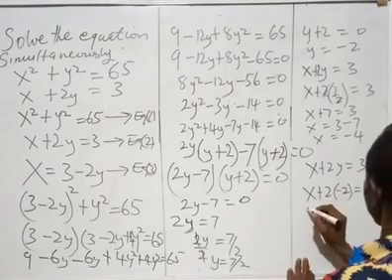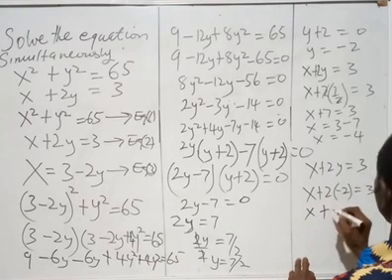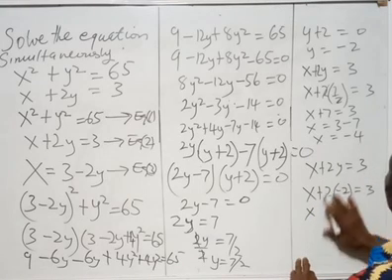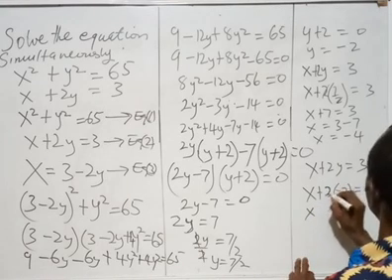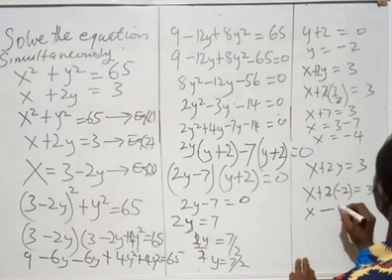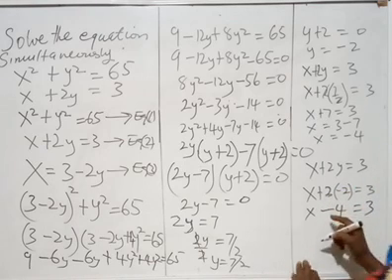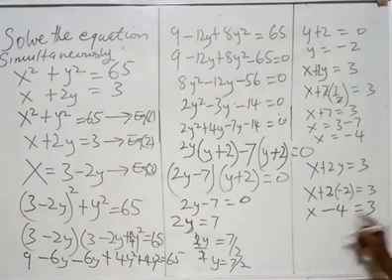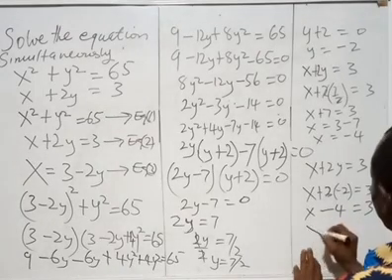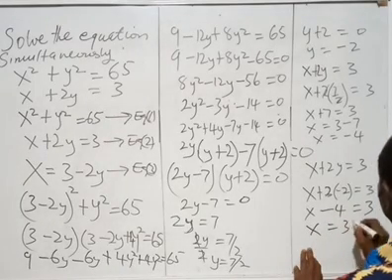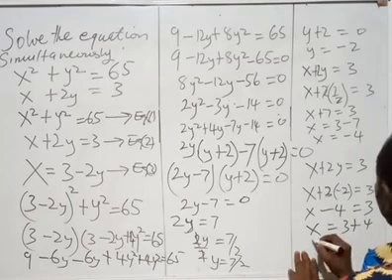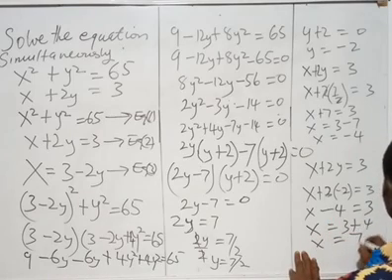So I have x plus 2 times minus 2, that's going to be minus 4, equals 3. From here, I solve for x. When this crosses over, I have x equals 3 plus 4. Then x equals 7.